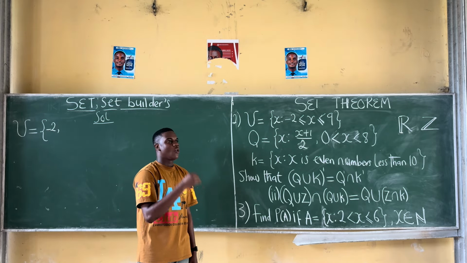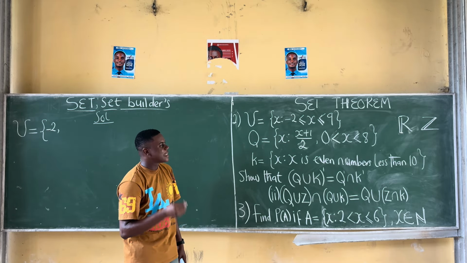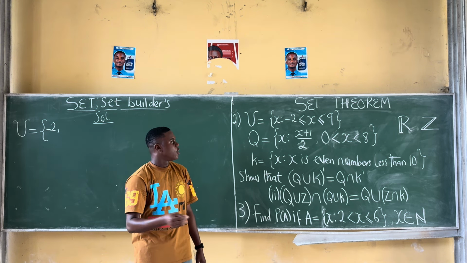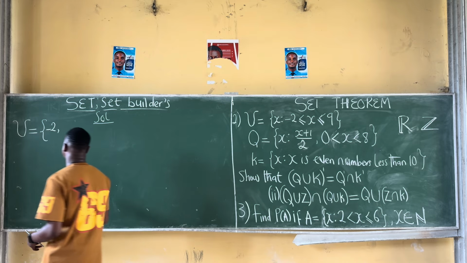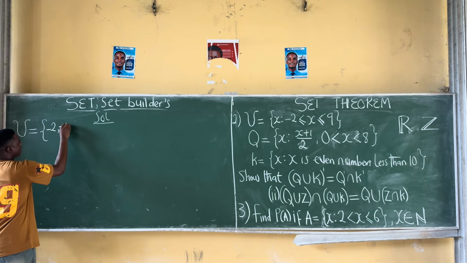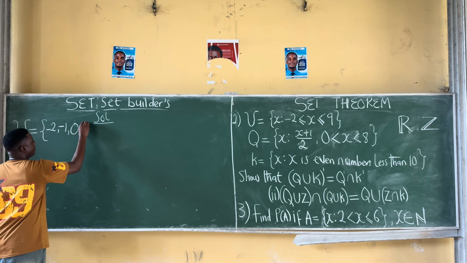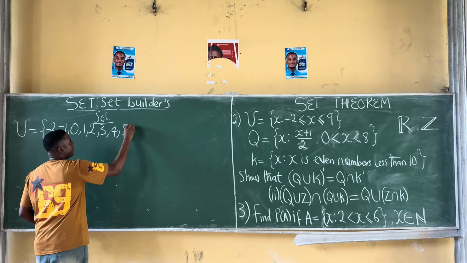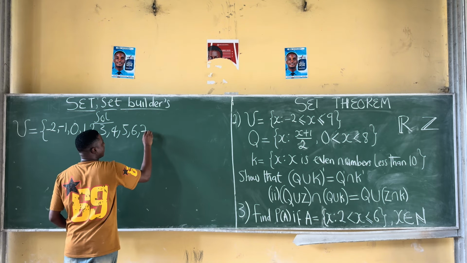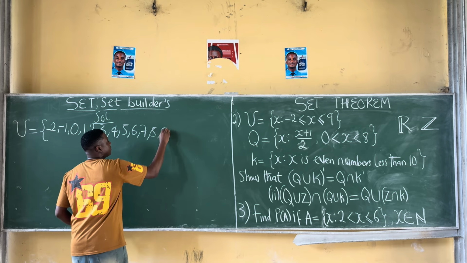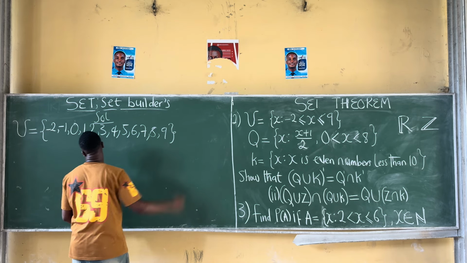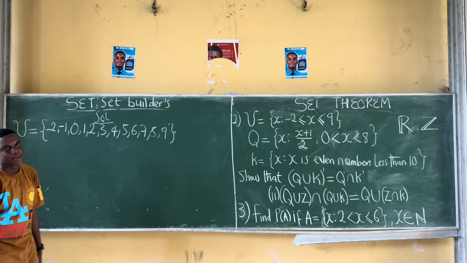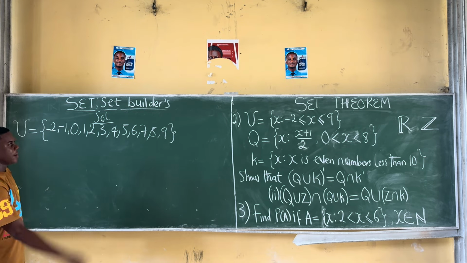So numbers greater than minus 2 are minus 2, minus 1, 0, 1, 2, 3, 4, 5, 6, 7, 8, and 9. These are the elements in the universal set from the question, we are getting our U.